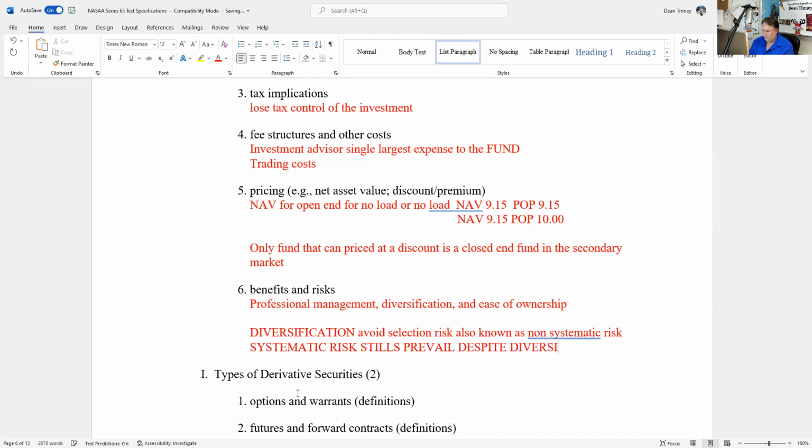So, high probability question, what's the easiest way for most folks to avoid selection risk? Two potential test questions. Diversify. What's the easiest way for most people to diversify in the context of a mutual fund? And then this idea of systematic risk is still there despite our diversification efforts.